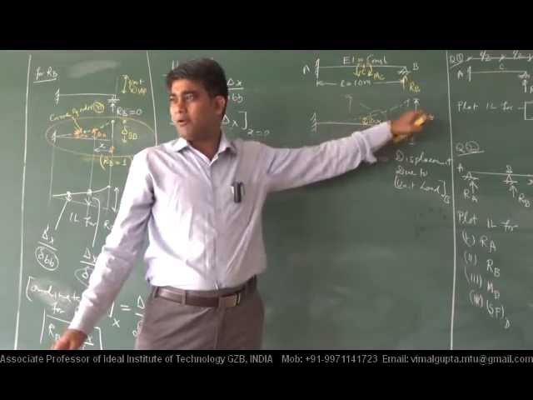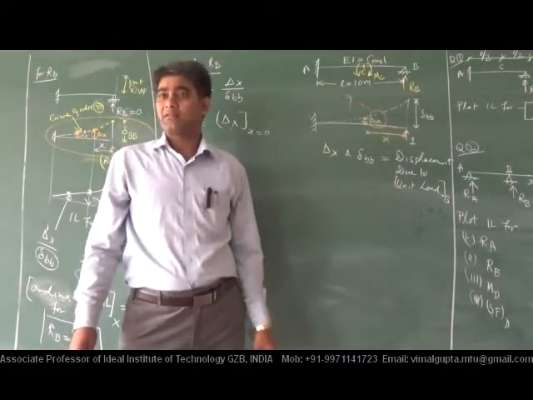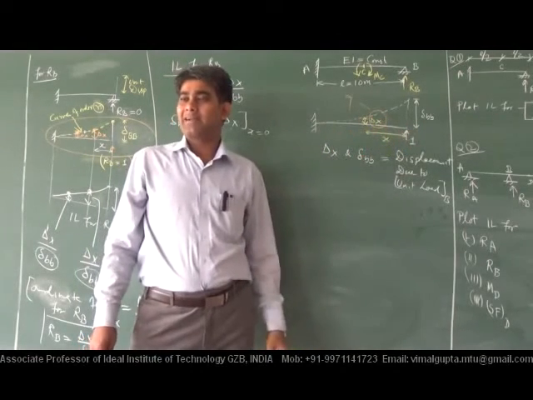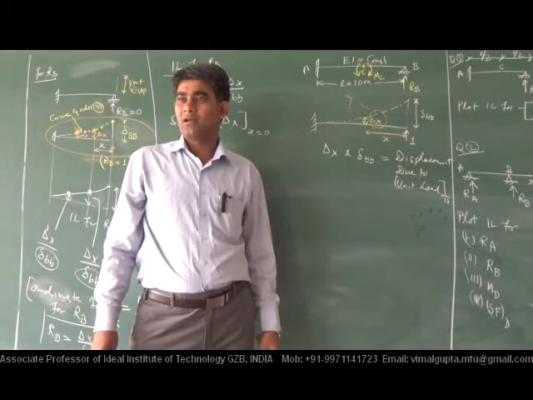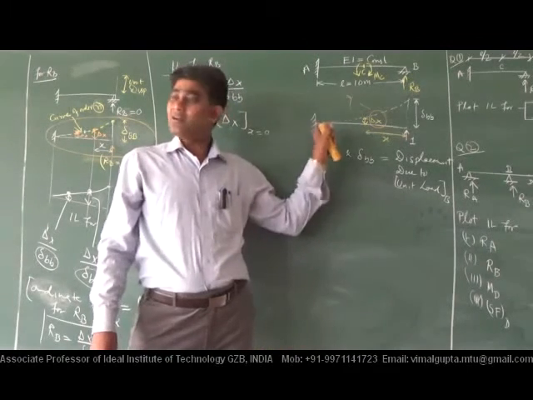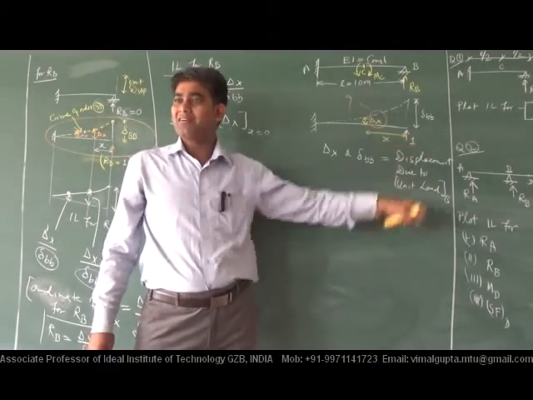So we have only one objective, and that objective is to calculate the value of delta x, and we have that cantilever beam. Cantilever है ना? Point load is at the end.